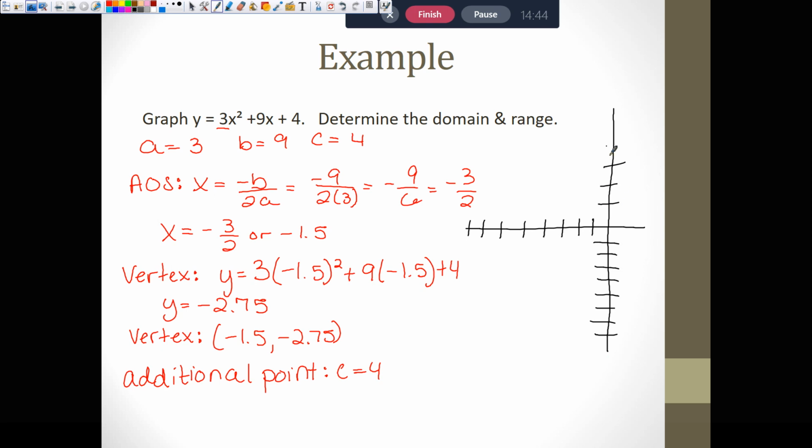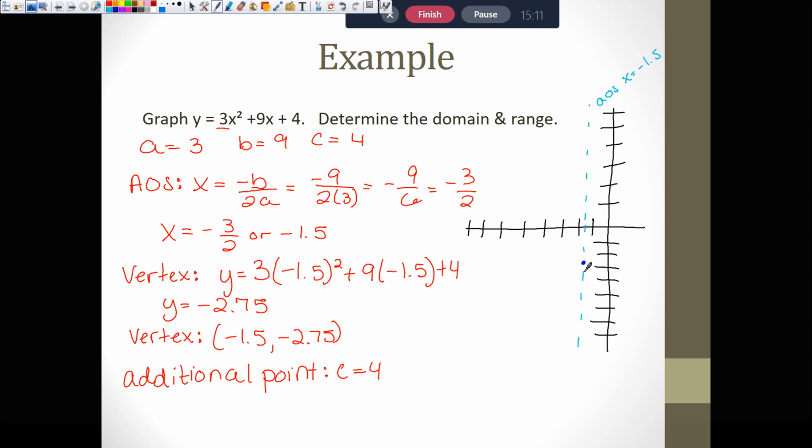Okay, so our axis of symmetry is at negative 1.5. So halfway in between 1 and 2. We need to label this. Axis of symmetry, x equals negative 1.5. Okay, my vertex is at negative 1.5 and negative 2.75.